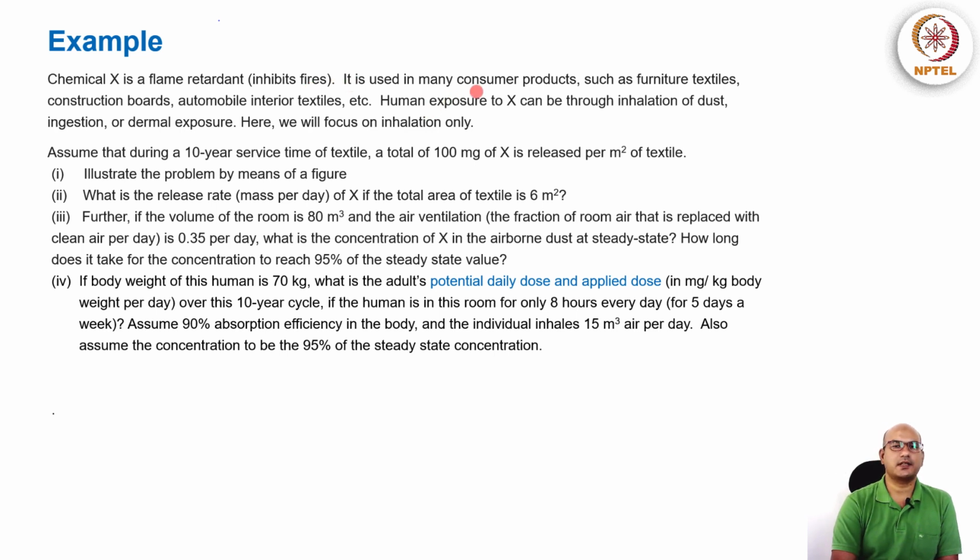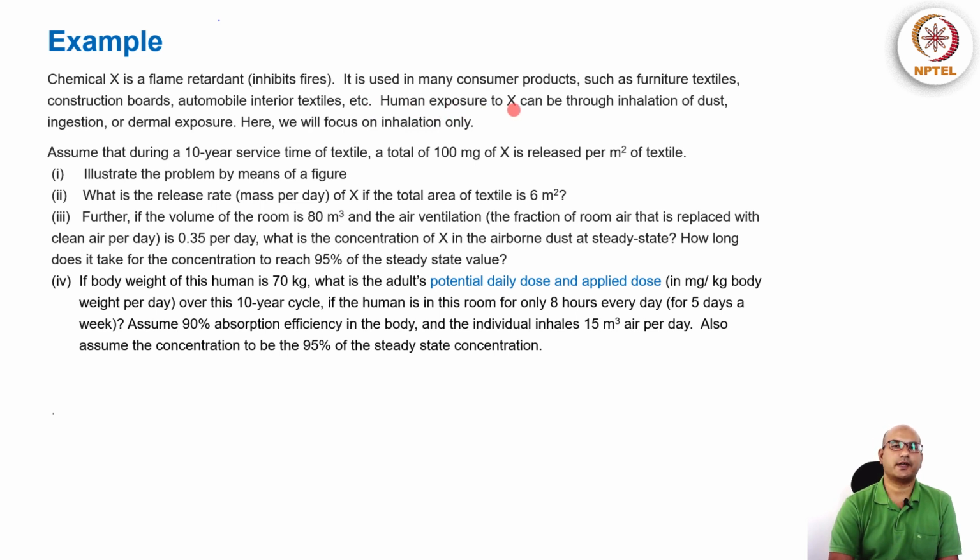It is used in many consumer products such as furniture textiles, the upholstery on the sofa, or maybe a carpet in a room, construction boards, automobile interior textiles, etc. The goal of this chemical, let us say, is to delay or inhibit the spread of fire or the initiation of the fire event.